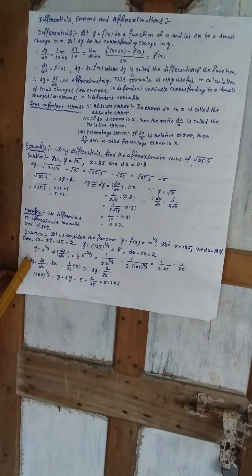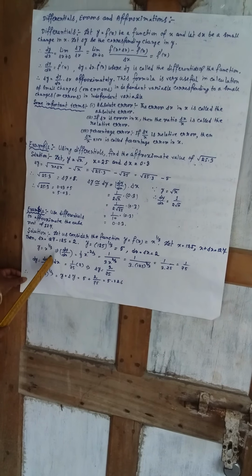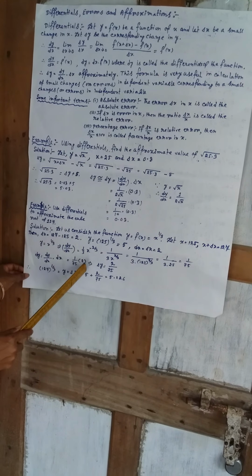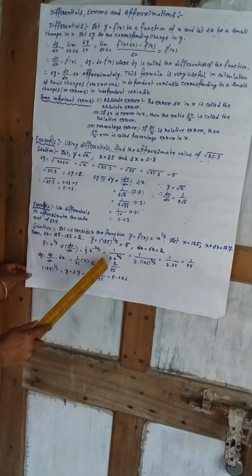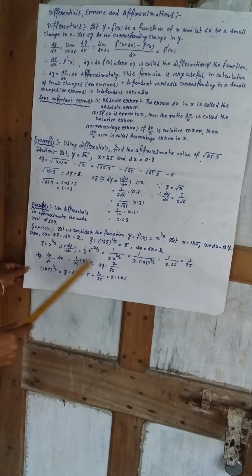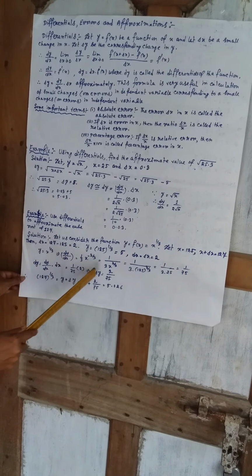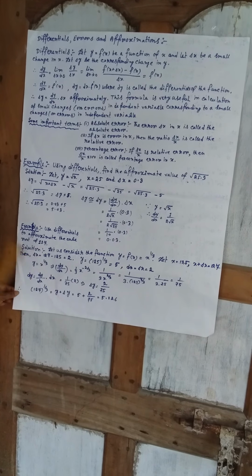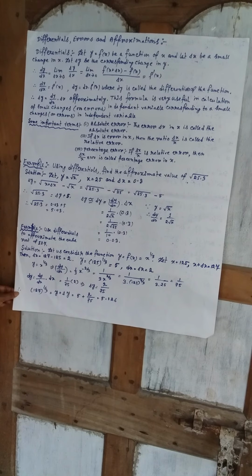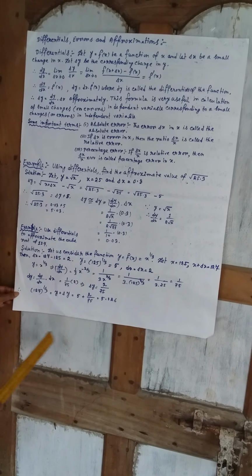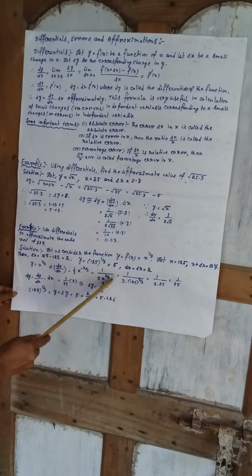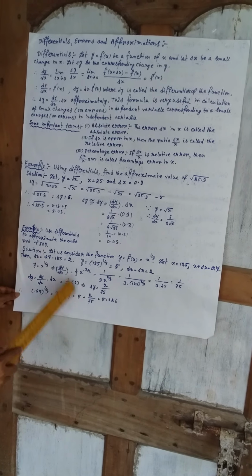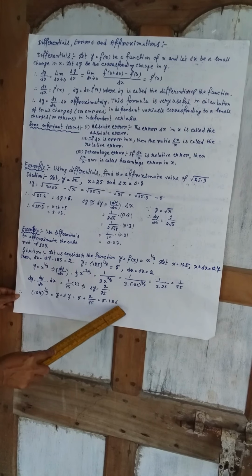Now dy equal to dy/dx into dx, that is 1 by 75 into 2, that is del y equal to 2 by 75. Now 127 to the power 1/3 equal to y plus del y, that is 5 plus 2 by 75, that is equal to, in place of 2 by 75 it is 0.026, plus 5 equal to 5.026.